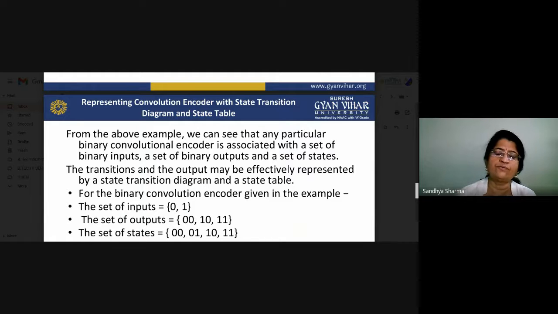There are two ways. First, you have a basic encoder, and by shifting one bit at a time you can calculate the output C0, C1.